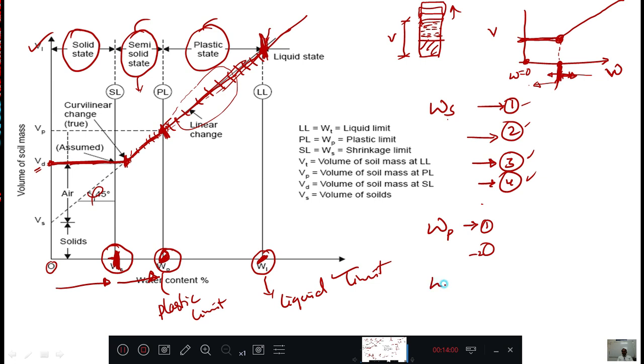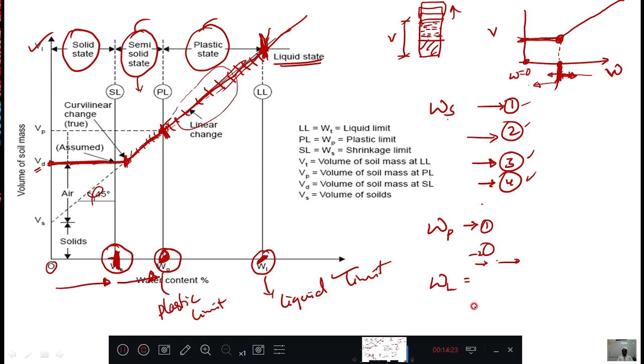Right? Next, liquid limit. Liquid limit is the water content at which the soil starts behaving like a liquid material. For plastic limit you can add another: plastic limit is the water content from which the soil starts behaving like a plastic.